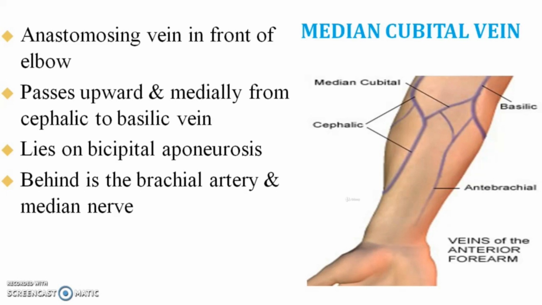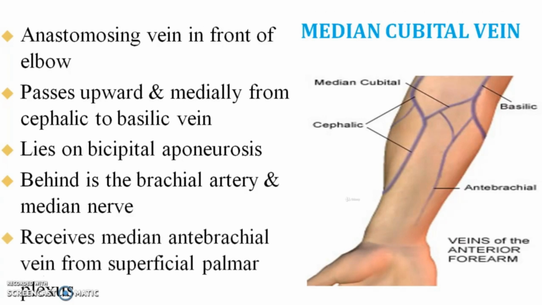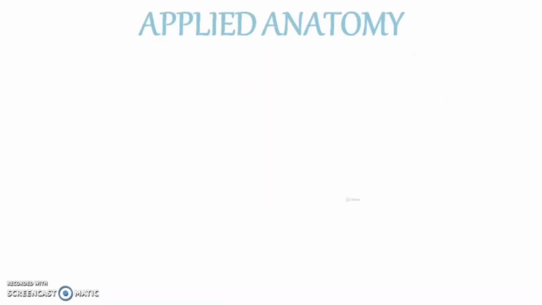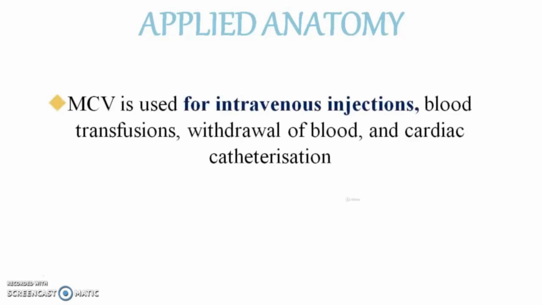Behind is the brachial artery and median nerve, which we already know, and it receives some tributaries, that is the median antebrachial vein, from the superficial palmar plexus. So this is an image showing clearly the median cubital vein, which is a connecting vein between the basilic and cephalic vein. Talking about the applied aspect of the median cubital vein, it is used for intravenous injections and also for blood transfusions, withdrawal of blood, and cardiac catheterizations.